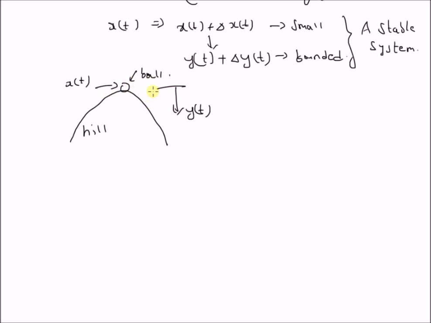In this type of system, small changes in x of t will lead to very large changes in y of t because of the slope of the hill. That means y of t, a function of x of t, has very large changes for small changes in x of t. So this system is an unstable system.